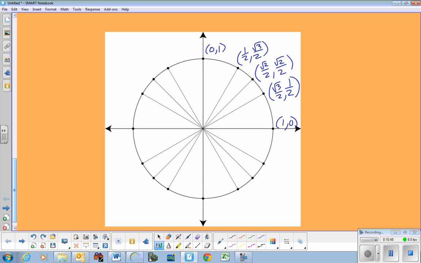So now, what's going to happen is we're just going to use symmetry, and we're going to extend this process to the rest of the quadrants. Okay? This point right here is a mirror image of this point over here. The only difference is that this has gone left instead of right.